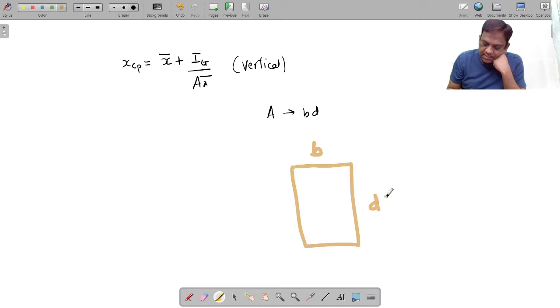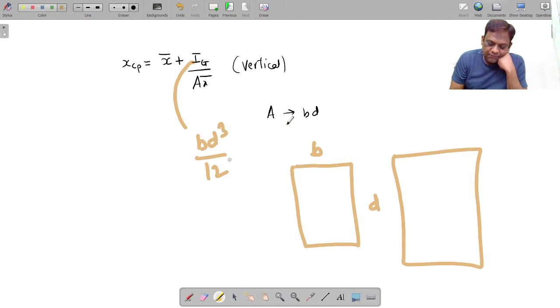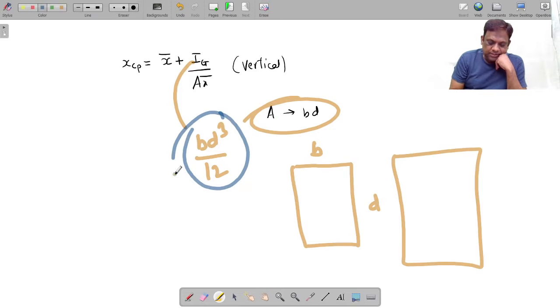This is B, this is D. Let us increase the area. What is moment of inertia? BD cubed by 12. If you increase the area, what would happen to this? This will also increase, no?